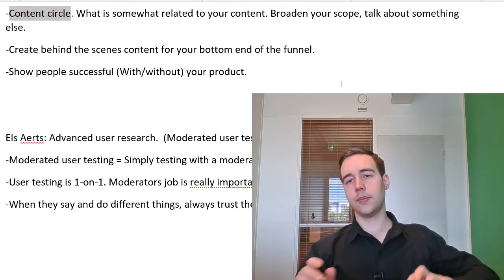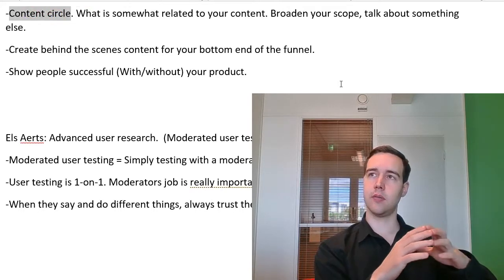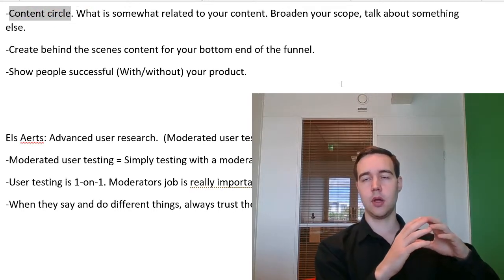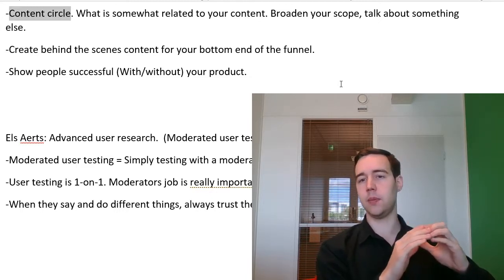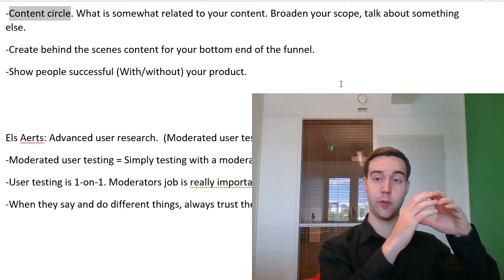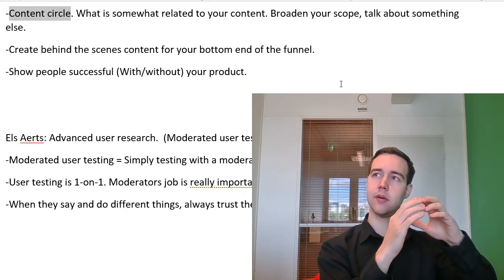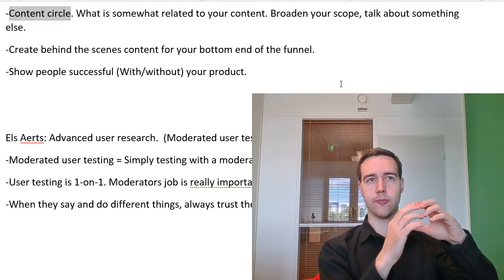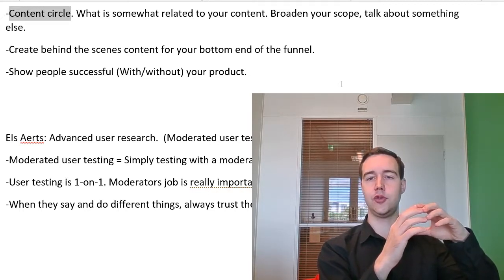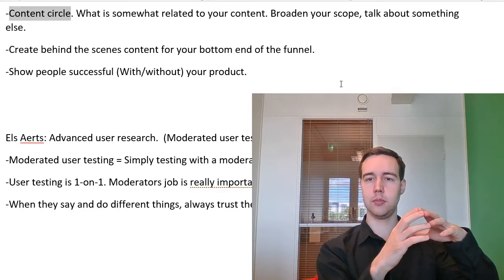You take something that is your core content. So if you're selling pet products, for example, you will deviate from that a little bit. Pet care would be one, and you could then circle around from that to something like how to choose your dog training or something like that.